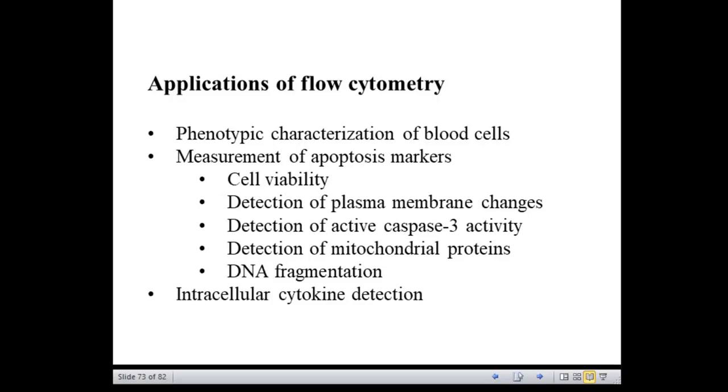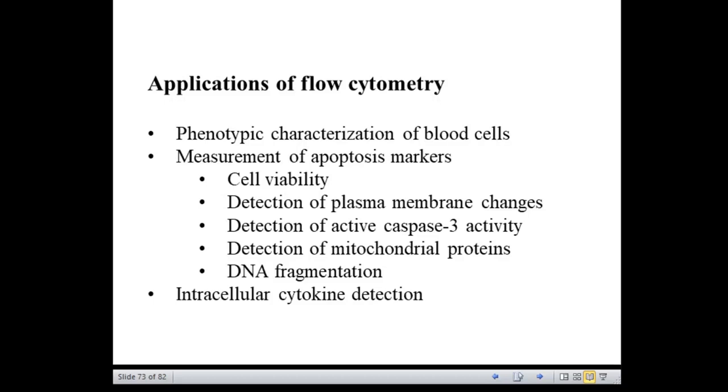To begin with, it is about the cell viability. The measurement of cell viability plays an important role in all kinds of cells. For any cell science research, measurement of cell viability is an important parameter.